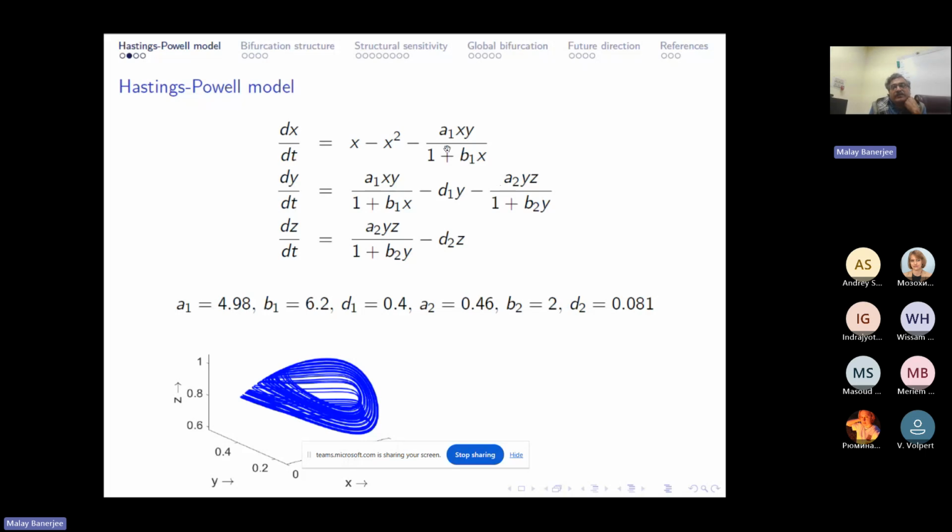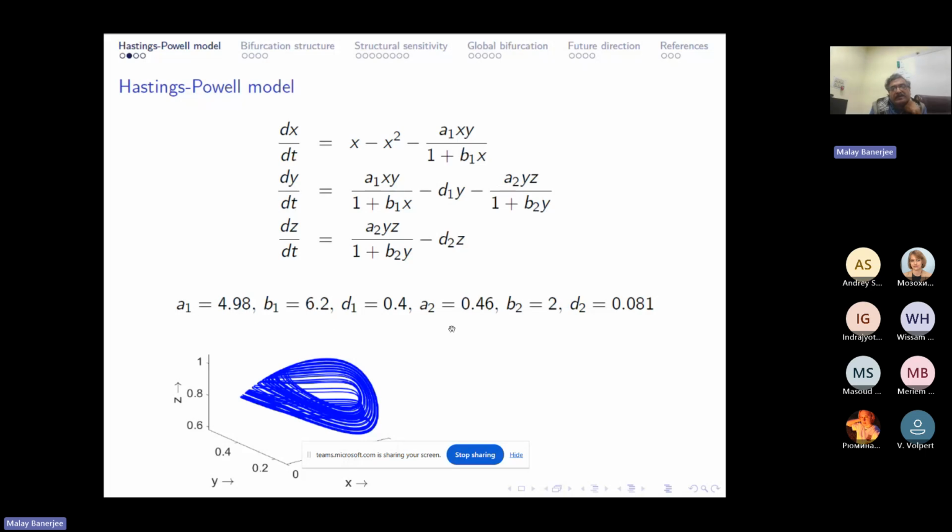Those are Holling type 2 functional responses, which are known as saturating functional responses. Both predator populations suffer from intrinsic linear death, represented by D1Y and D2Z. And the functional responses are described by A1x over 1 plus B1x and A2y over 1 plus B2y.